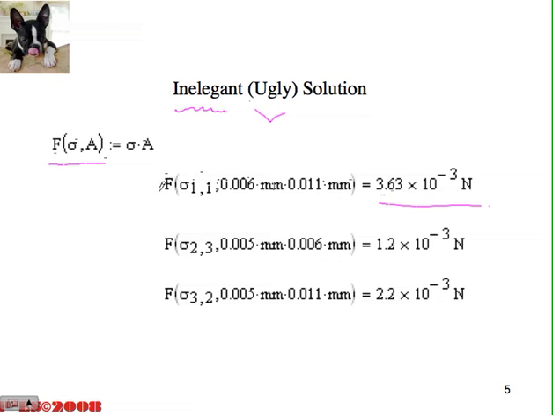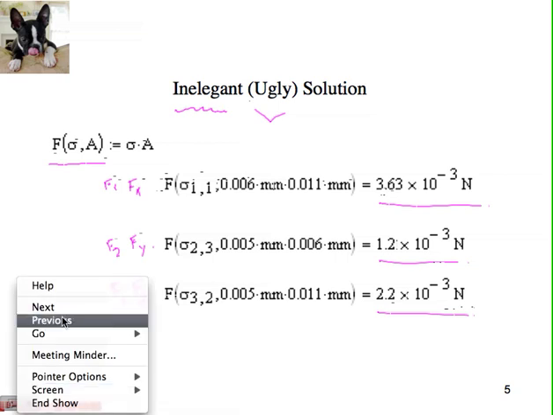And this way I get the components of force that come about from these stresses. I get each of these components of force, and this is going to be the F of x, or F sub 1, F sub 2, or F sub y, and F sub 3, or F sub z. That's what I get for each of these results.